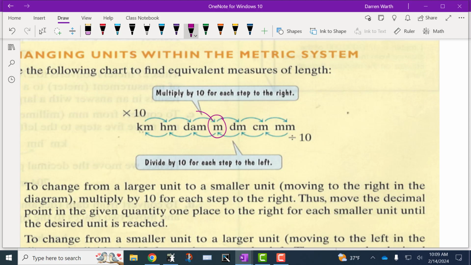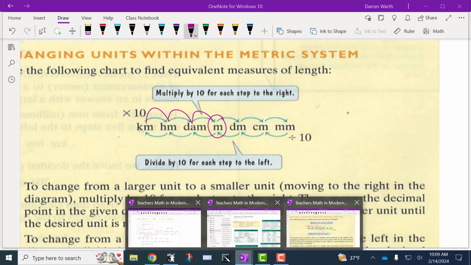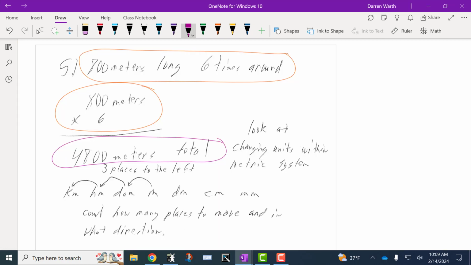So you're going to notice you're going to move 1, 2, 3, and notice we're moving to the left. So you want to do the exact same thing with the 4,800. I rewrote my units right here, and I moved from meters to decameters, hectometers, to kilometers. That's 3 places to the left.